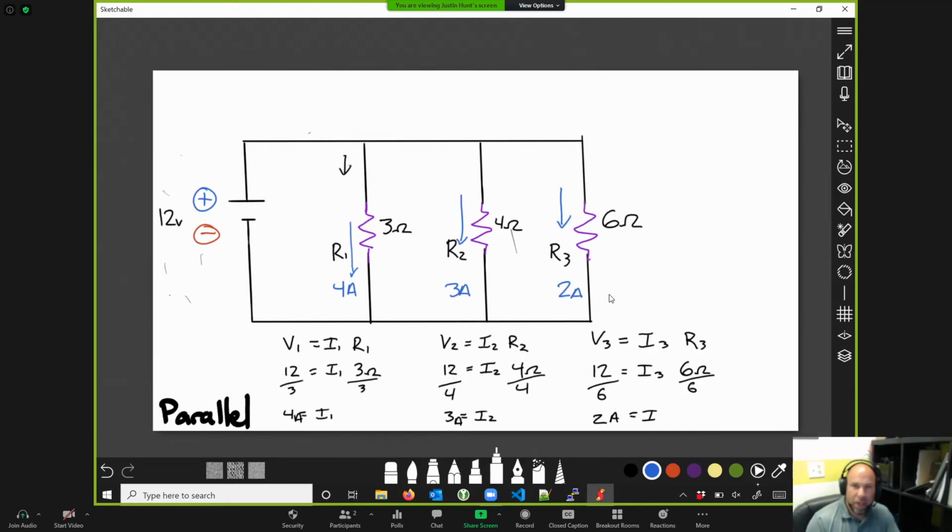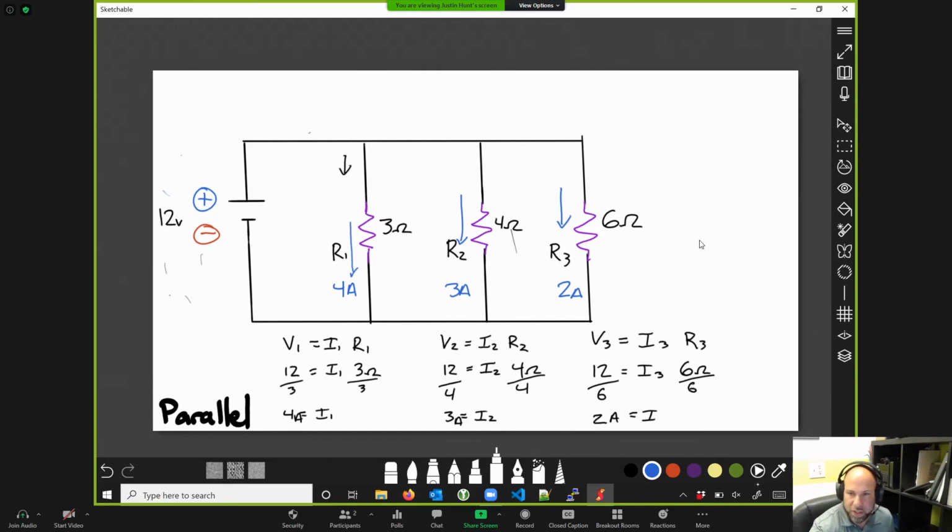Now before we go any further, this is kind of a breakthrough moment that I want you to understand. I want you to see that as the resistance is increasing, there's more resistance to these channels, no matter where you're at, or less resistance, the opposite is happening with the current.